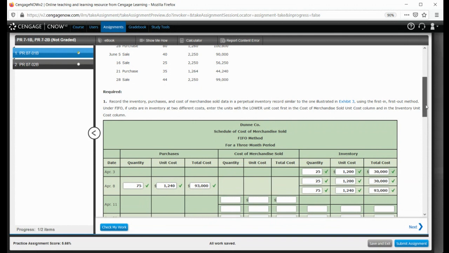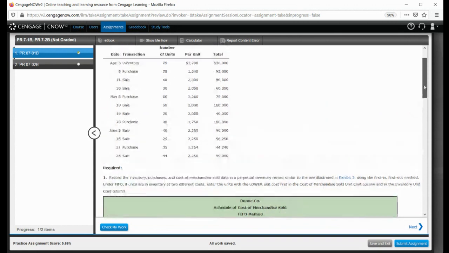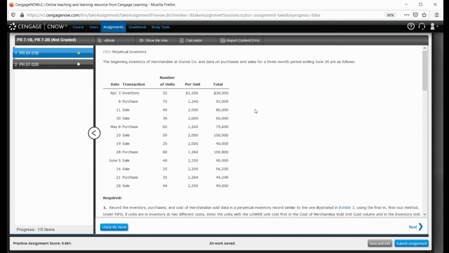But that's about to change on April the 11th. So if we go back up to our problem on April the 11th, we're going to have a transaction that occurred which tells us that we are selling 40 units of the inventory that we have left on hand.